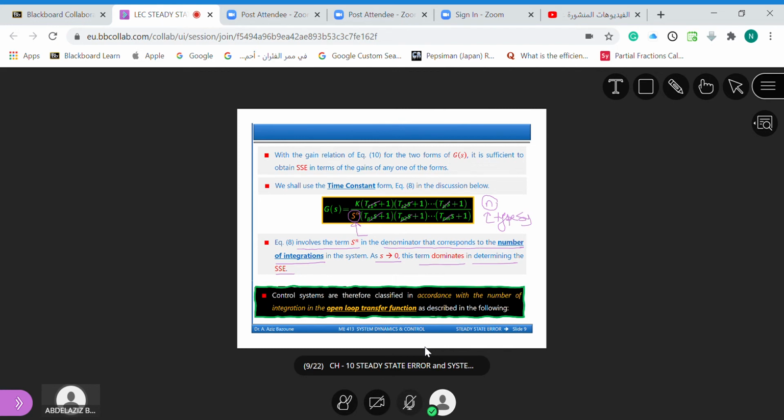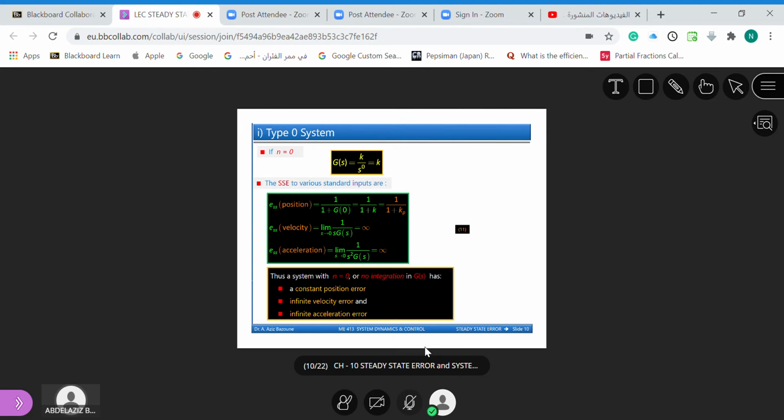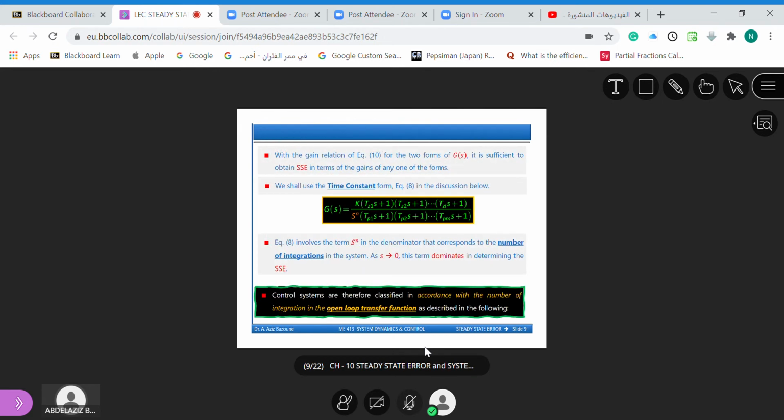That's why control systems are classified in accordance with the number of integrations in the open loop transfer function, as described in the following. This one will be the open loop transfer function, G of S: system type 1, system type 2, system type 3, and so on. So just before we go to the next slide, I'm giving you here G of S.